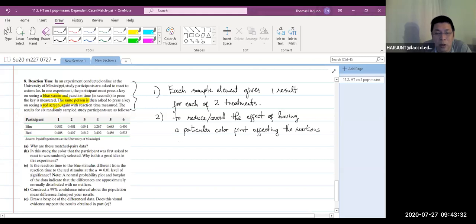The reactions for each color. So let's say you get blue first. And then because you have blue first, your reaction for the second one changes.